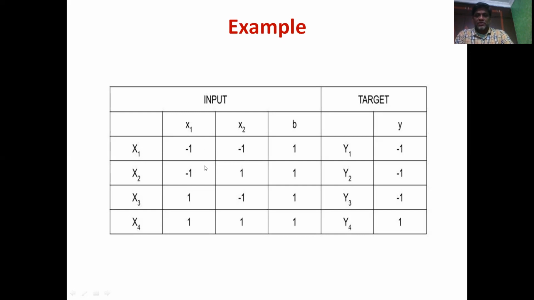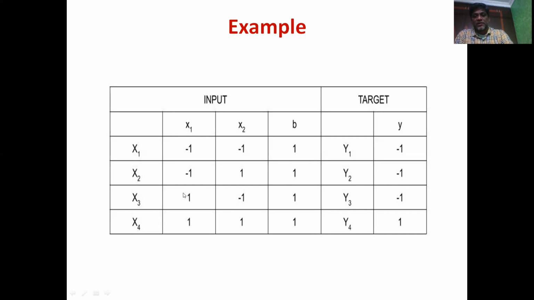So I want to design a Hebbian neural network to identify the target value for given input values. That means if I give -1 comma -1 as inputs to the neuron, the output from the neuron should be -1. In such a way, I'm going to design. Similarly, if the input given to the neuron is -1 and 1, the neuron should identify the output as -1.